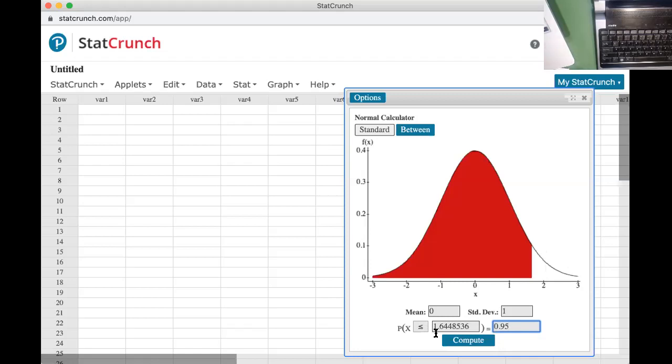Our problem stated that at the 0.05 significance level, our critical z is approximately 1.6449.